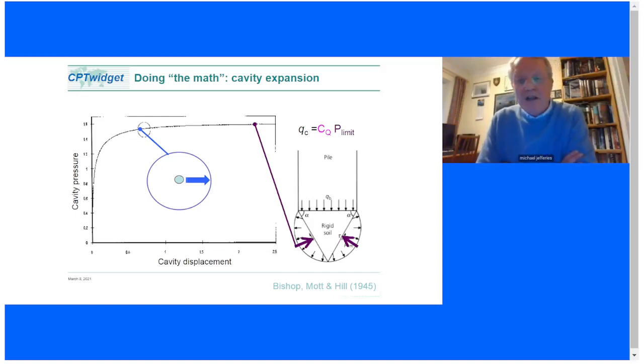What you see on the left cartoon is a green dot, and if we magically introduce pressure inside that green dot, we can inflate it. If you look at the pressure required to inflate it, you'll find that you come to a certain point when the cavity will now continue to inflate indefinitely at constant pressure. We call that the limit pressure. And what's happening there is, yes, it takes a bigger force to expand the cavity as it gets bigger, but the cavity area is also increasing, and the two just come into balance. That's why you get that.